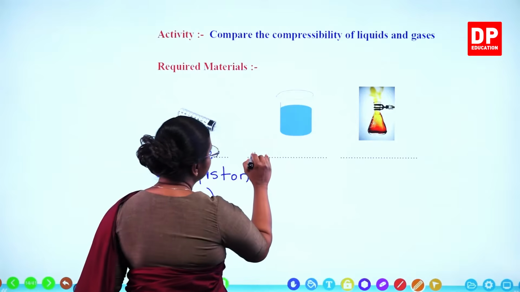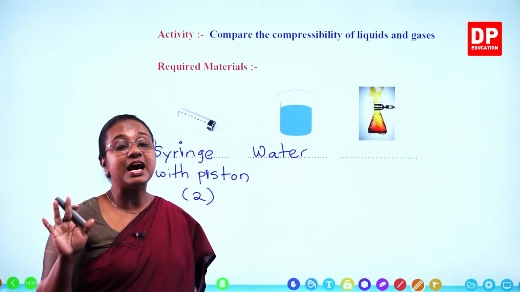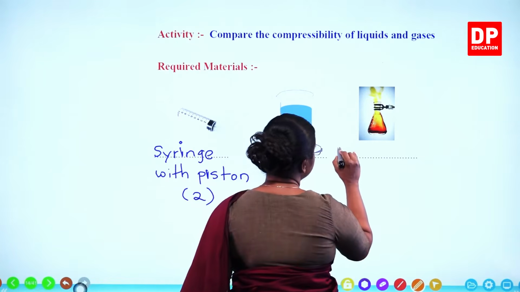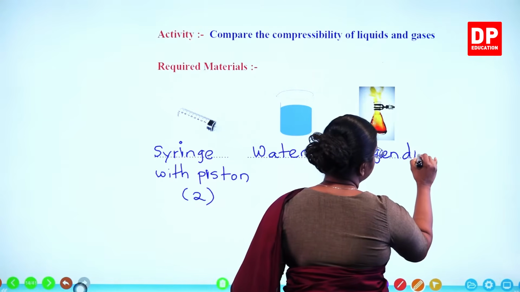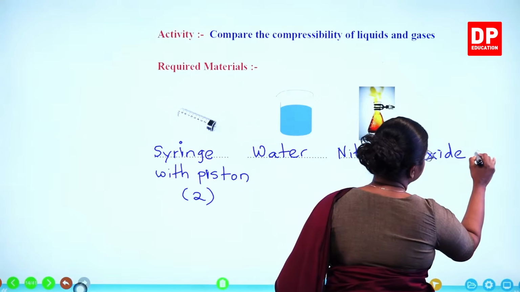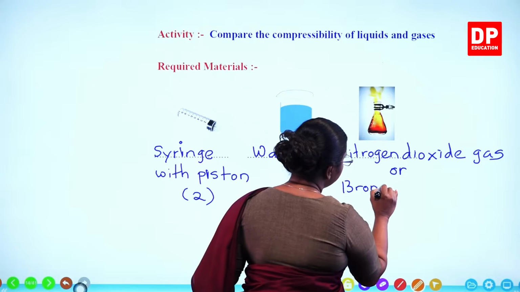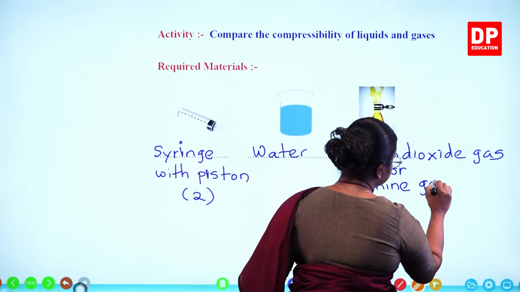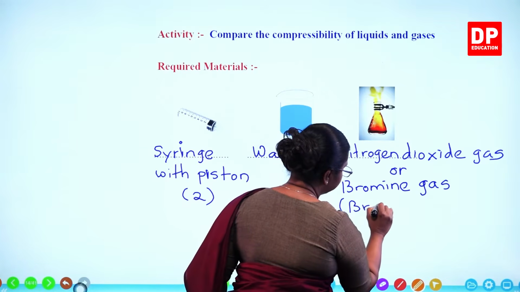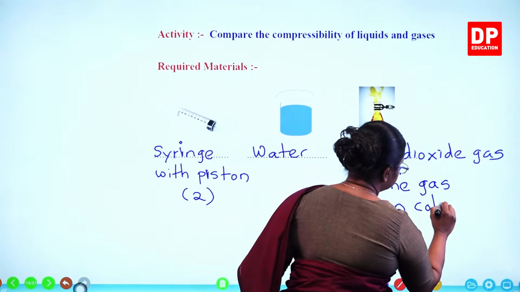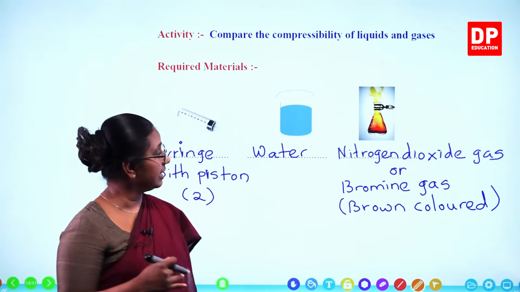As liquid we will take water, and as a gas, again a colored gas. We can use nitrogen dioxide gas, or as I told you all, we can use bromine gas. That is also possible. They are both brown colored gases, or we can say reddish brown colored gases.